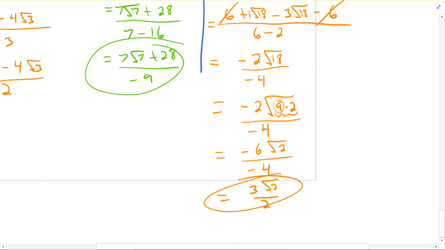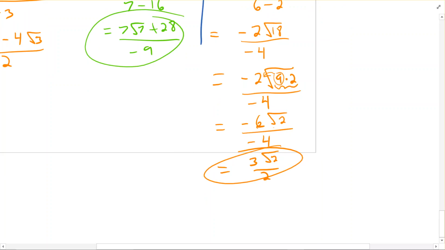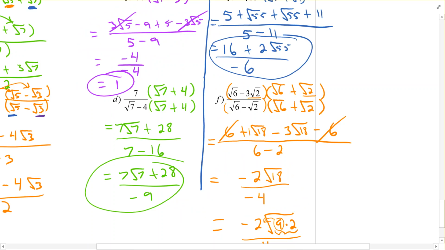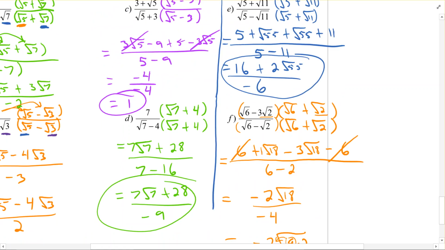I took out a 3 out of this. So then that 3 I took out times the 2 that was already there became 6. And then I simplified that. Negative 6 over negative 4 became 3 over 2 times the root 2 that's now there. Okay, so hopefully that made sense.